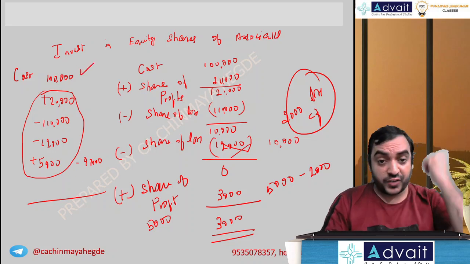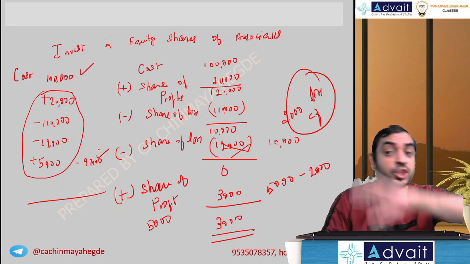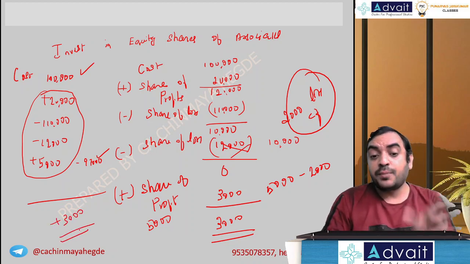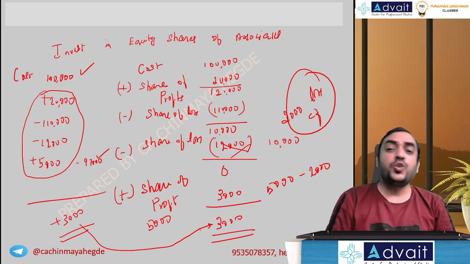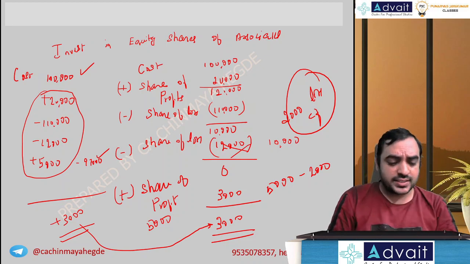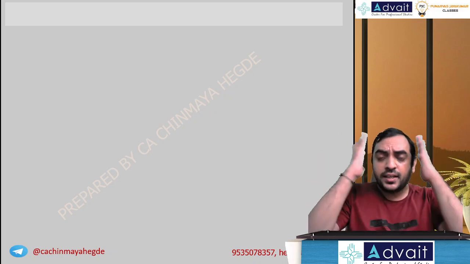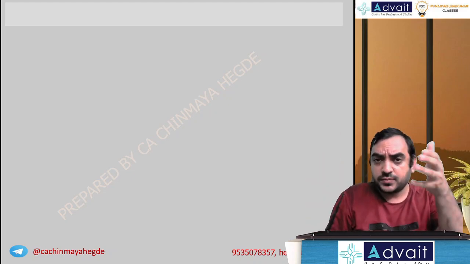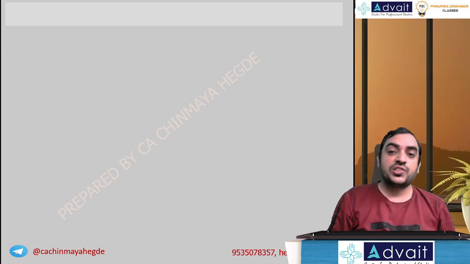1 lakh cost of investment, 97,000 overall share of loss, balance carried forward, balance amount 3,000, which is exactly the investment amount now. Hope you got the concept. Delete everything from your mind. What should you have in mind? You will recognize loss. You subtract from investments.